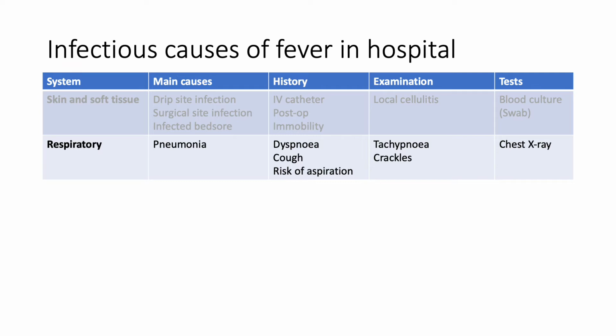So before I move on to the next system, which you can see here, I just want to add, because I don't actually know how to modify my previous recording of the other slide, that the most important bacterial causes of skin and soft tissue infection are the bacteria that live on skin. So gram-positive cocci, like Staphylococci.